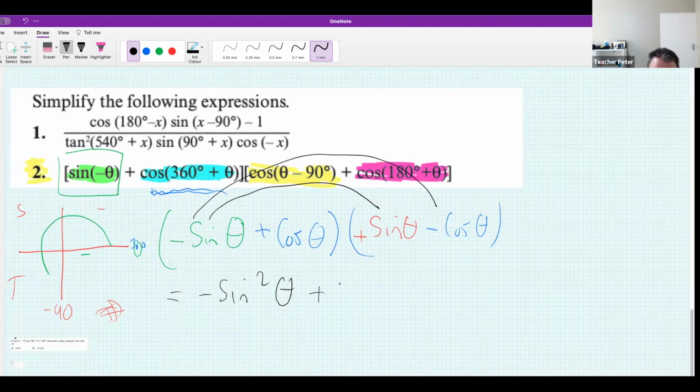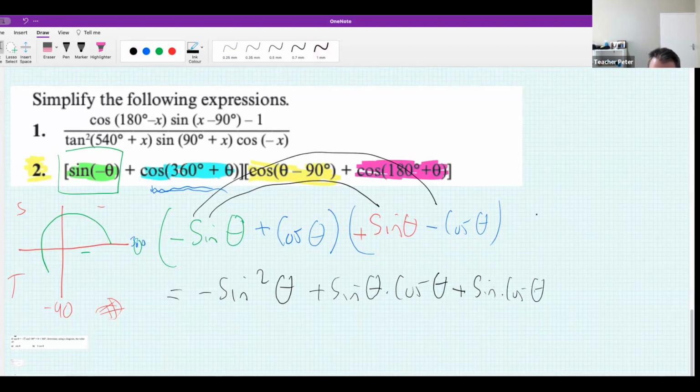Minus times a minus is a plus. And then this is going to be plus, what's this going to be? Plus also sine theta, what's going to be sine, yeah, times cos theta. And then what is this? This is going to become minus cos squared theta.